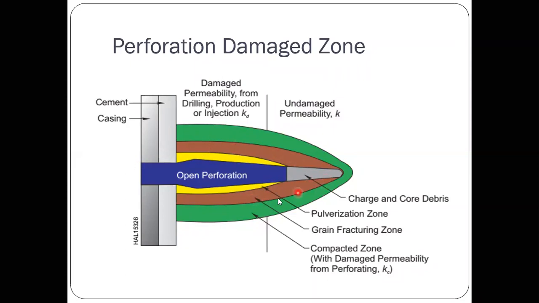So in this zone, whatever grains are present will also get fractured. And this is a compacted zone. This zone will be compacted due to the very high pressure of this jet. Here the permeability is known as Kc, the permeability of the compacted zone Kc, with damaged permeability from perforating.